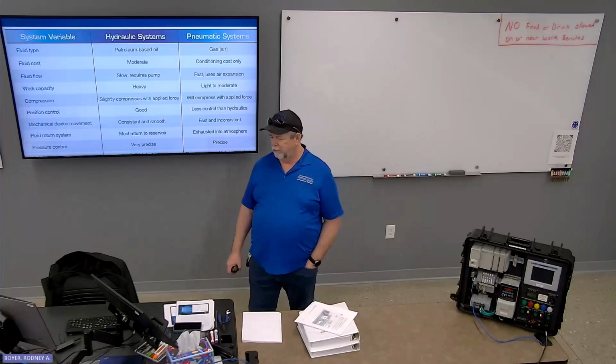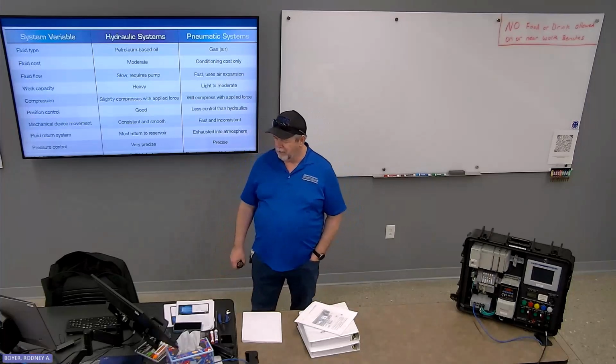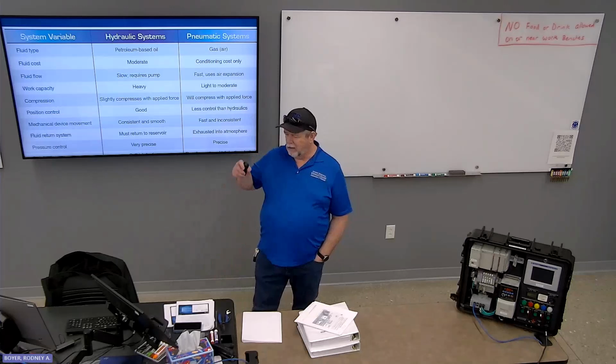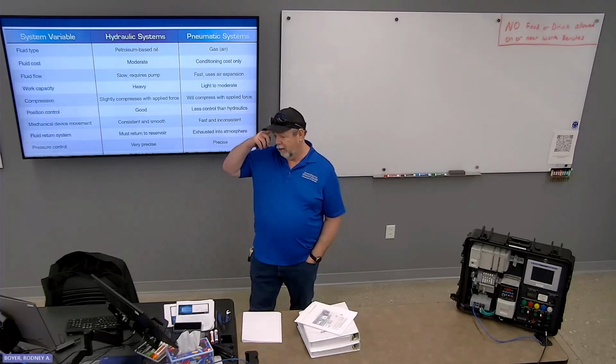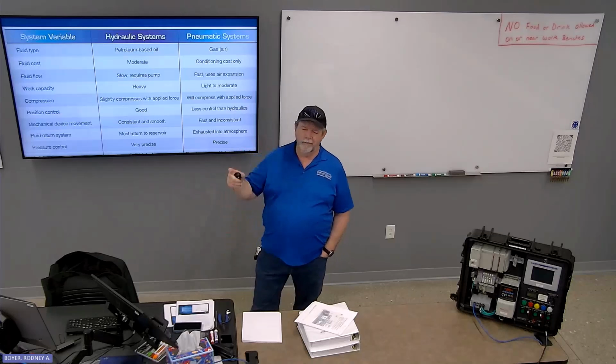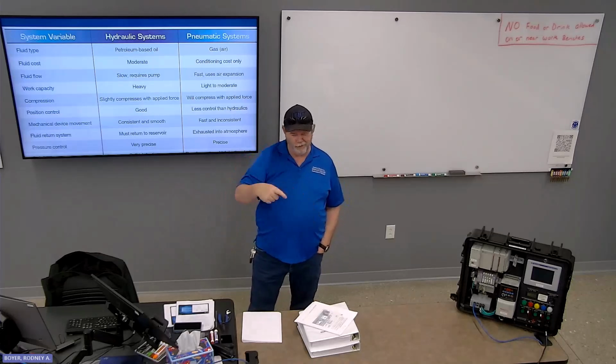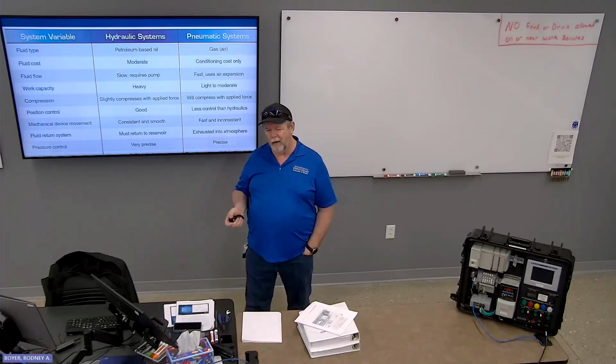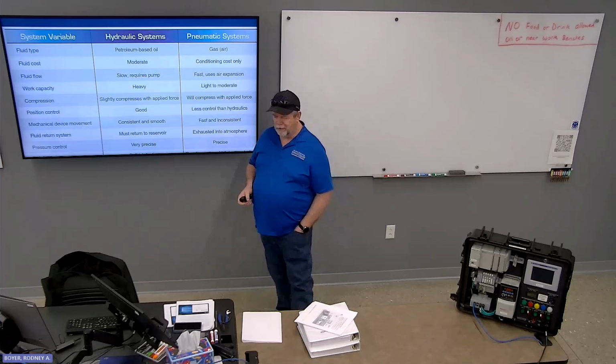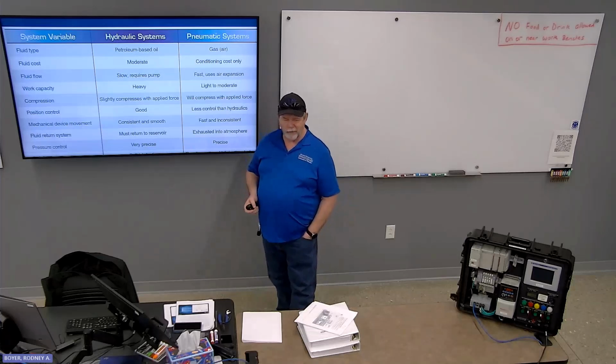Fluid flow: hydraulic system, it's slow, requires a pump to do it, and pneumatic system is fast, uses air expansion that you had to compress before, so technically speaking, it requires a pump also. Work capacity: hydraulic systems are capable of moving extremely heavy loads.